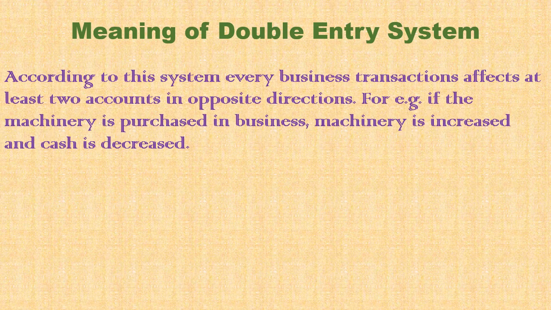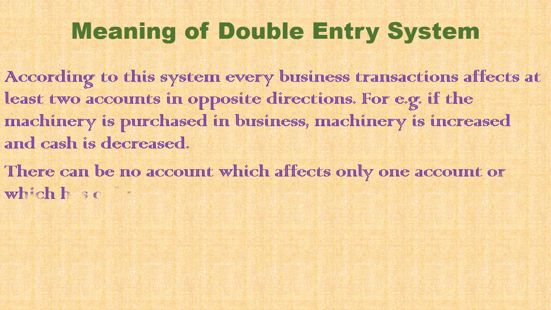Suppose a machine is purchased for cash. Two accounts are affected. The machine you have purchased is increasing and the cash you pay from your business is decreasing, and both are in the opposite direction.